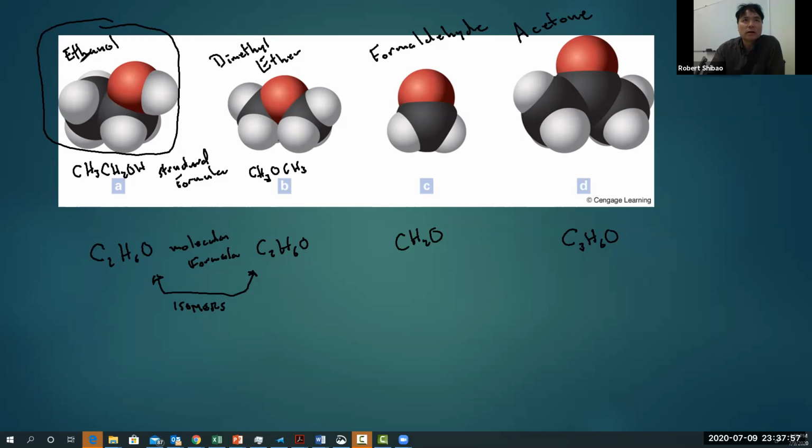People drink ethanol, you know. Don't drink methanol. And if you're using hand sanitizer, make sure your hand sanitizer is made with ethanol, not methanol. Methanol is toxic, and so be careful.